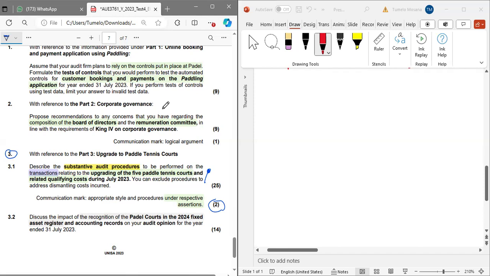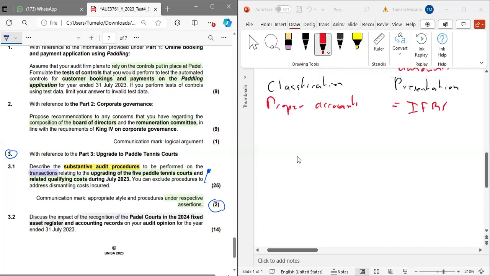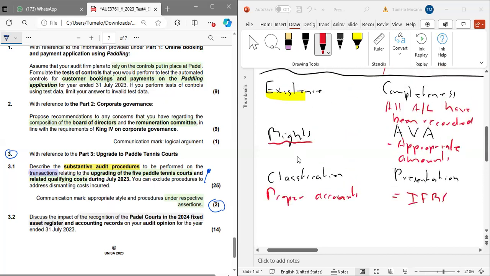Remember, in your investment cycle, you can get substantive procedures in relation to intangible assets, to shares, and to PPE, right? So now, with the risks, as I have stated, let's go back to our rights.